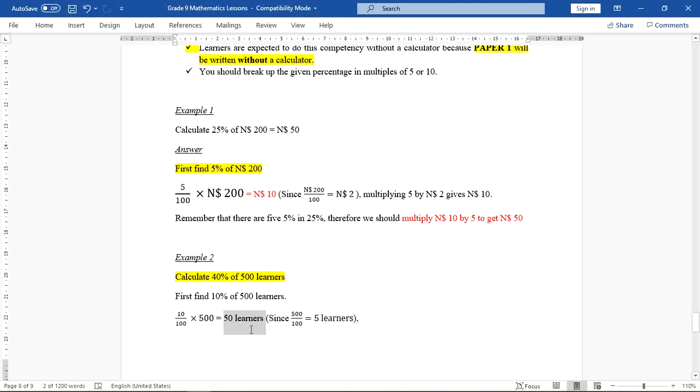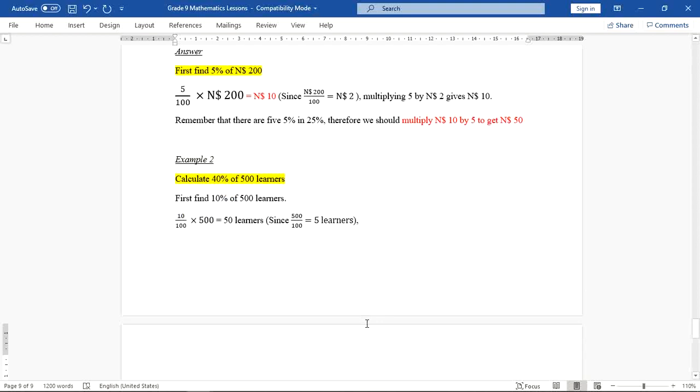Now, remember that 40 is made up of how many tens? 40 is made up of 4 tens. So what you need to do now, you just say 50 learners, then you multiply by 4, and that will give you 200 learners.